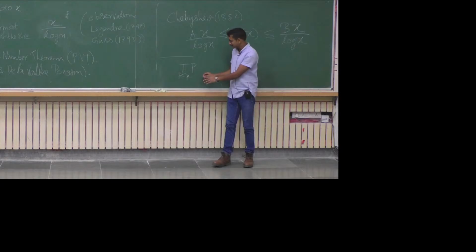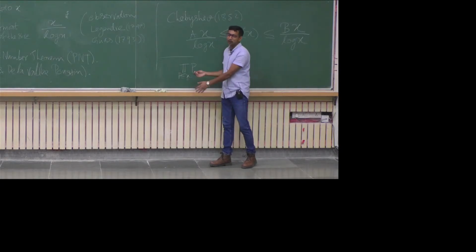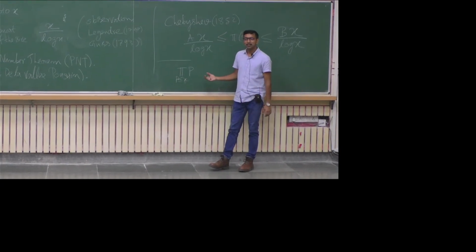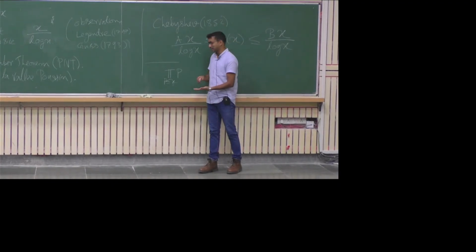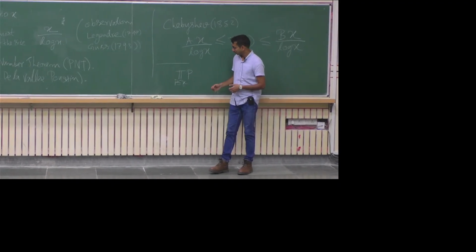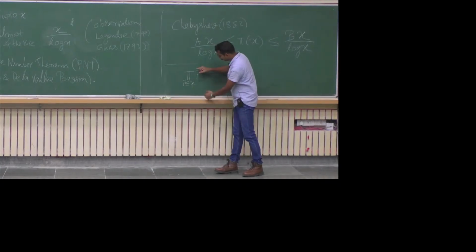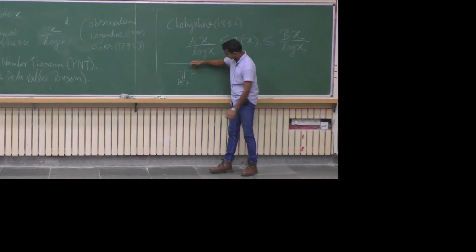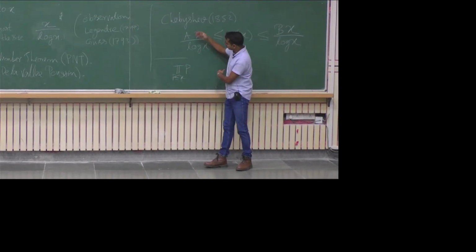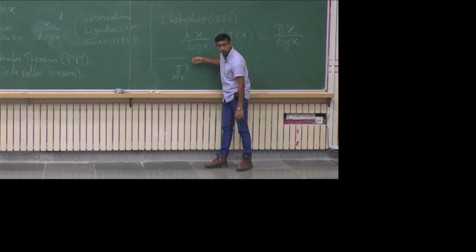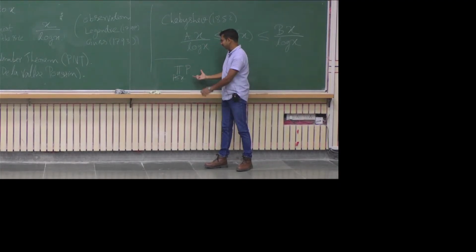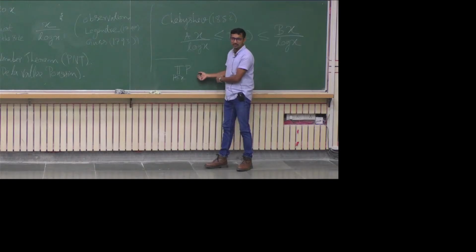We'll see soon why this is also a kind of counting, counting with some weights for each of the primes. But for the moment, note that Chebyshev studied this product and saw that one could easily give an upper bound for it.